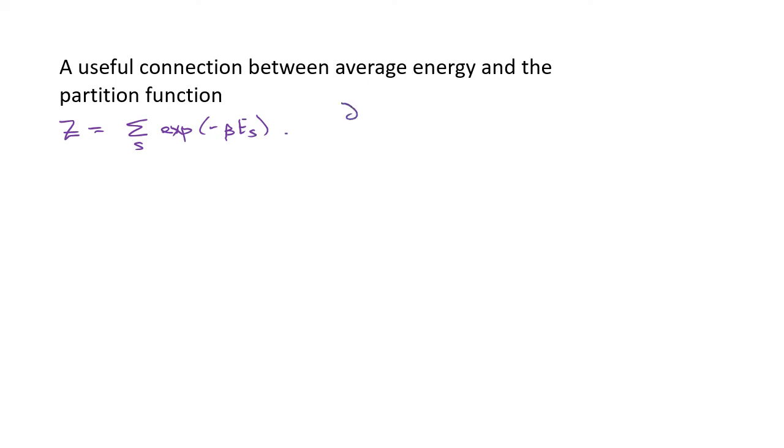So the derivative with respect to beta of the partition function is just the sum over all states of e to the minus beta E_s, because the derivative of an exponential is just itself, times the derivative of what is there in the argument of the exponential. So we get a minus E_s in front of each term. So that's the derivative of the partition function with respect to beta.